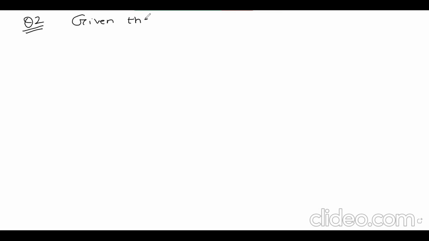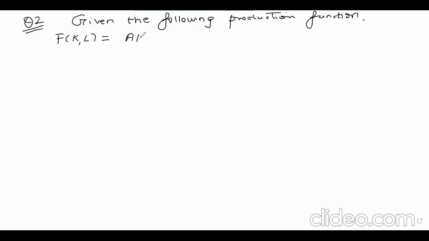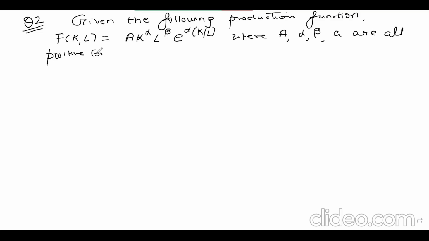Given the following production function, which is F of K, L equals A K to the power alpha, L to the power beta, e to the power small a times K by L, where A, alpha, beta, and small a are all positive constants.